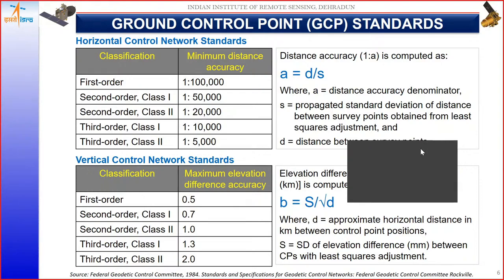Generally the zeroth order points are of very high accuracy and geodetic category, which are used in geodesy. But in general, in urban areas, zeroth order GCPs are normally not acquired.